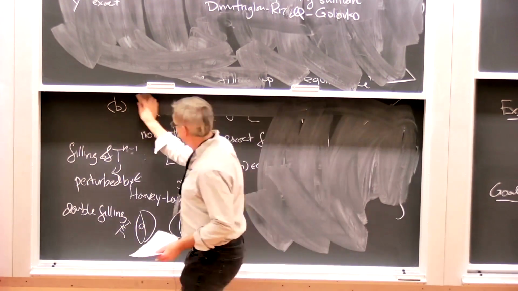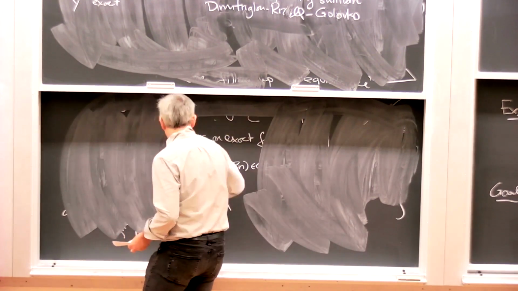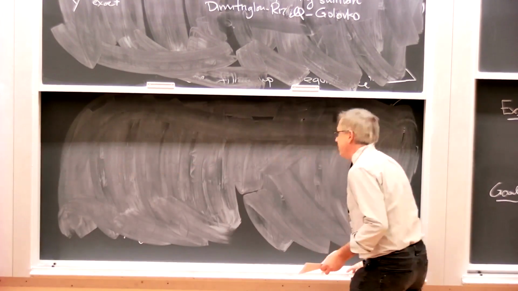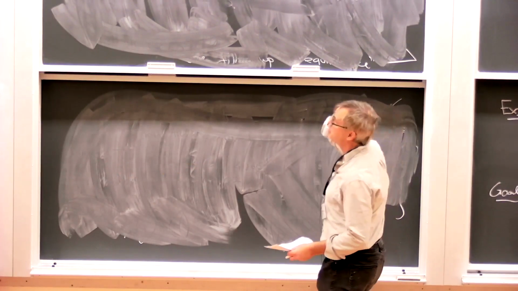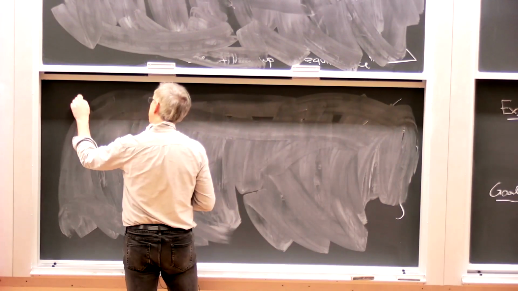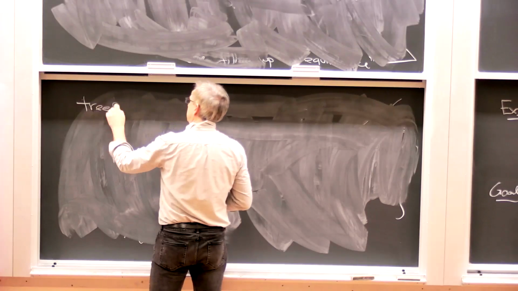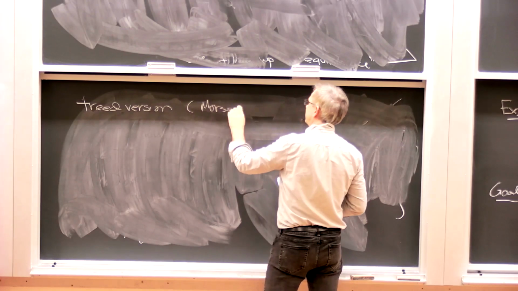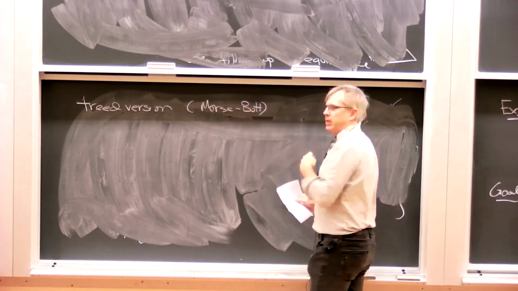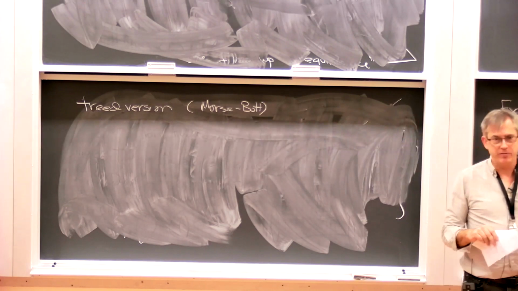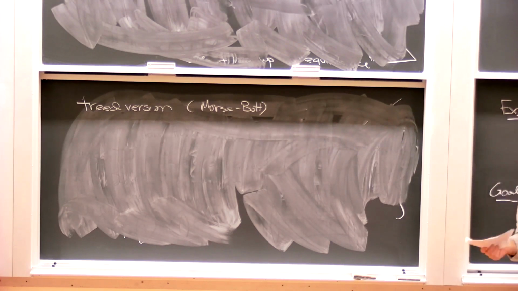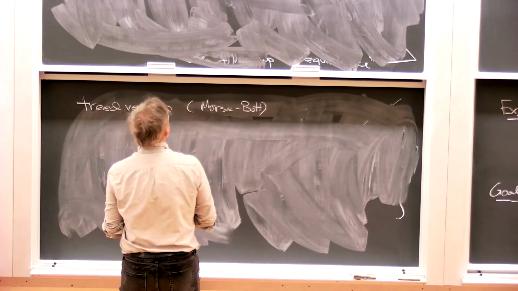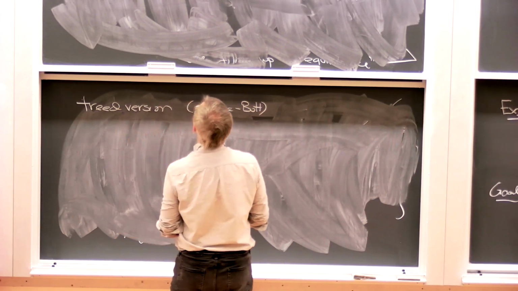But I want to talk about a treed version, which is called the Morse-Bott case. So I don't want to take a generic contact structure. Why is it called Morse-Bott? Well, it's like in Morse theory, if you choose a function which doesn't have isolated critical points, then you have to come up with a different way of defining the complex.